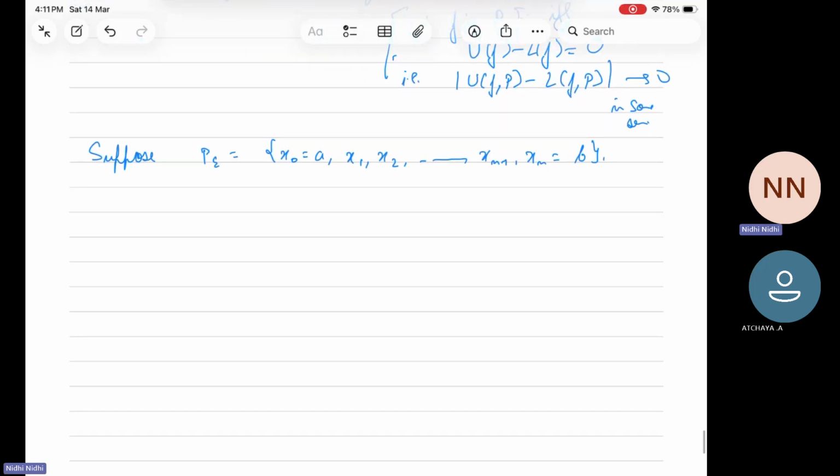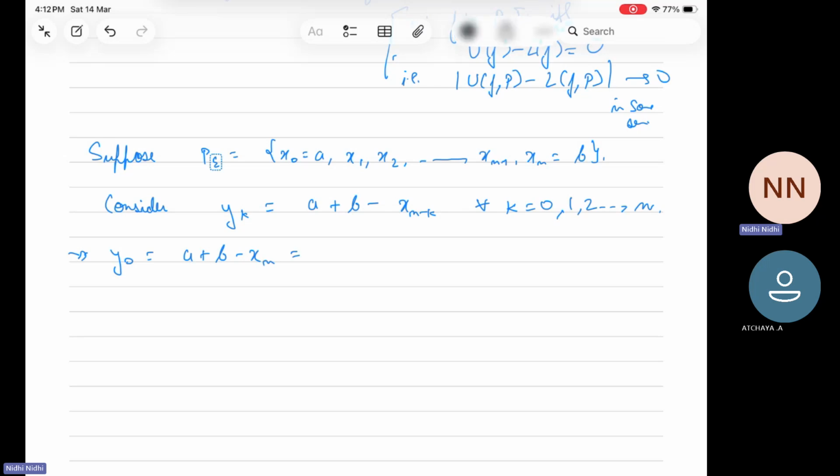As follows, consider y_k to be equal to a plus b minus x_{n-k} for every k = 0, 1, 2, up till n. That means this y0 will be a plus b minus x_n, which is a plus b minus b, because x_n is equal to b.